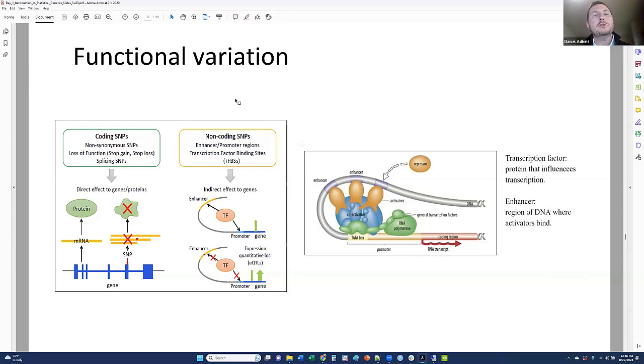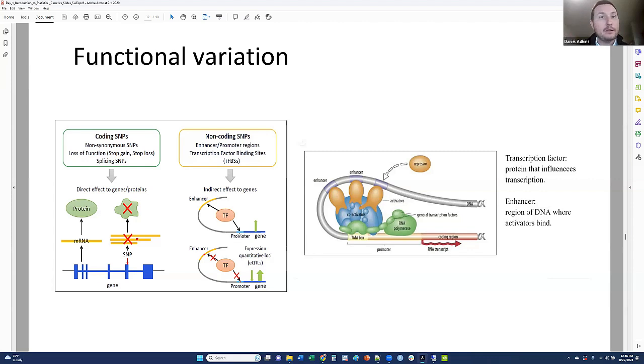But the way that they work is, let's say we've got a SNP in this enhancer over here. It recruits these proteins called transcription factors, and then those transcription factors in turn attract a complex called the activator complex, or co-activators. And when that bonds to the promoter of the gene, it can affect the expression of the gene.